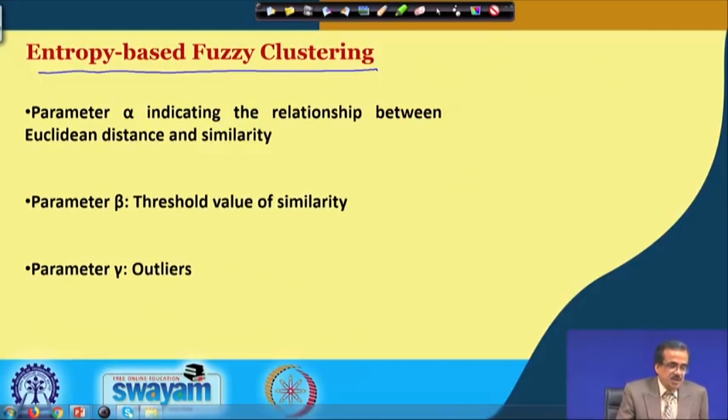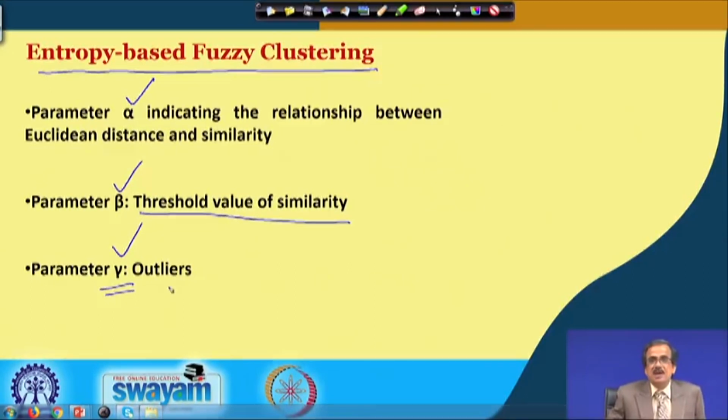Now, here the design variables will be alpha, beta and gamma, which I have already discussed. Alpha indicates the relationship between the Euclidean distance and similarity, beta represents the threshold value of similarity, and gamma indicates the outliers.